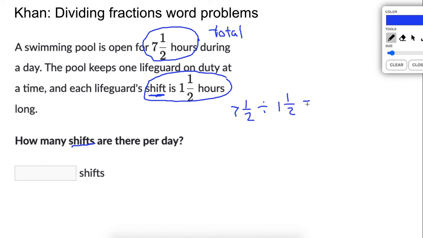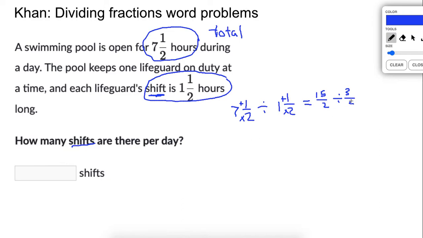So again, we can take that and change it into our fraction: times and add, so that'd be 14, 15. So you end up with 15 halves divided by 3 halves.